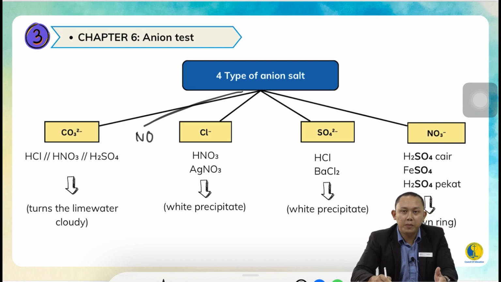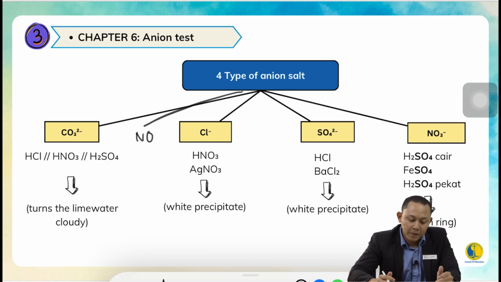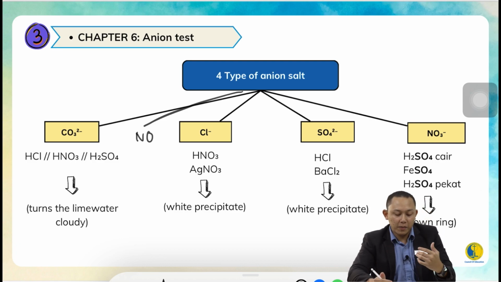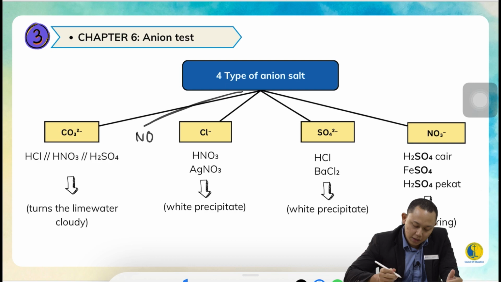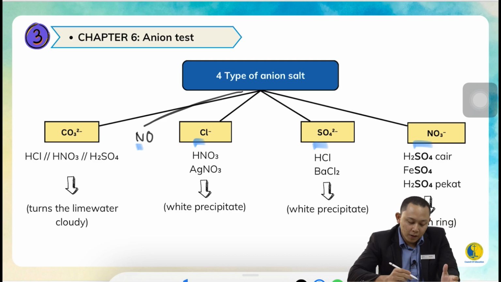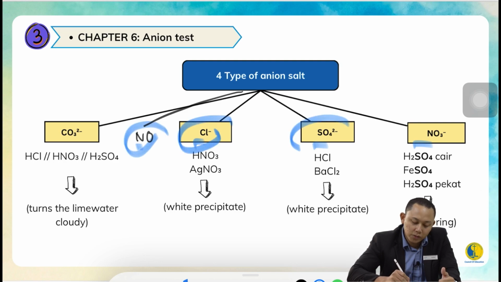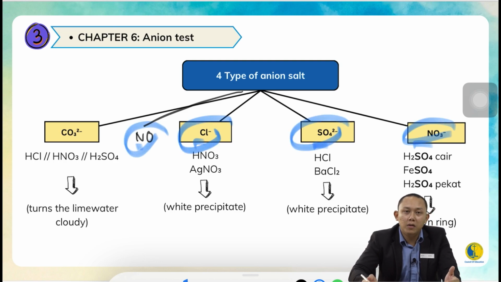I simply put NO there, because this is how I memorize this. Now you see here, NO, Cl, SO, NO, just like that first. So how I memorize this is no clue, so nothing.